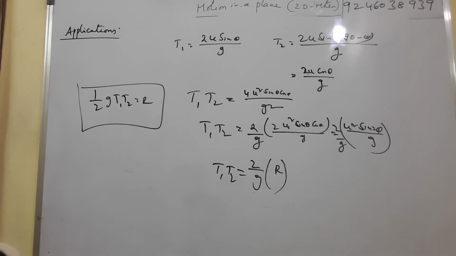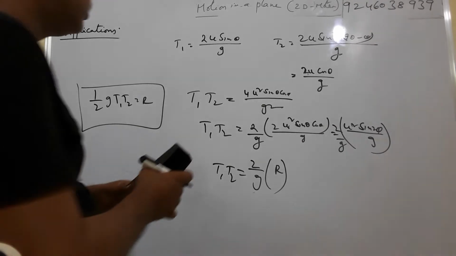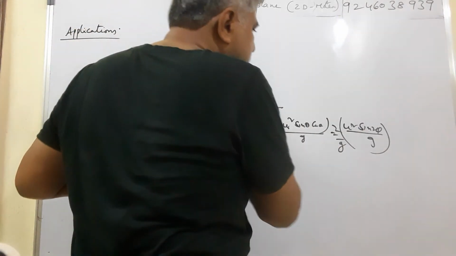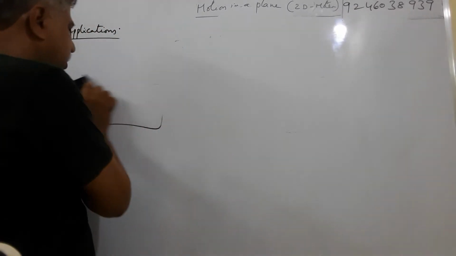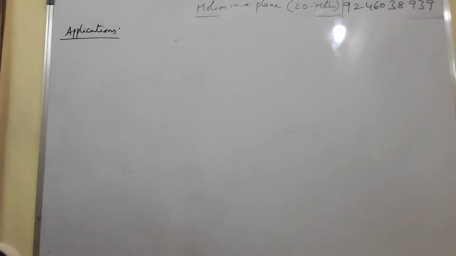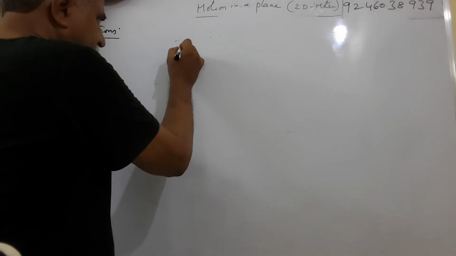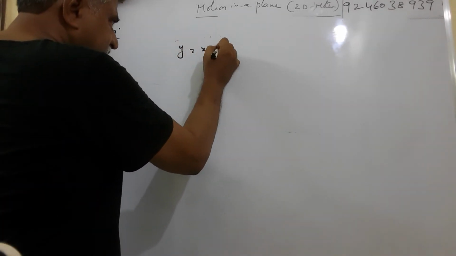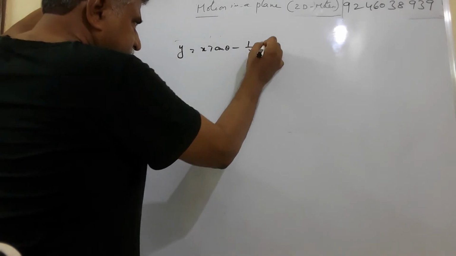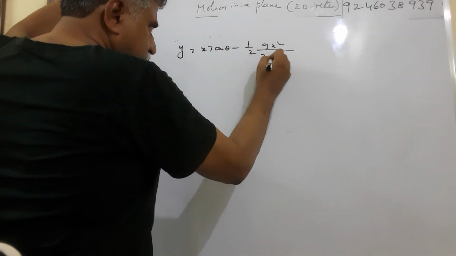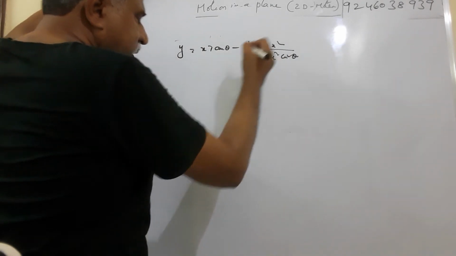Next relation. We know the equation for parabola. From this we write the equation in terms of range. Y is equal to x tan theta minus half g x square by 2u square cos square theta.